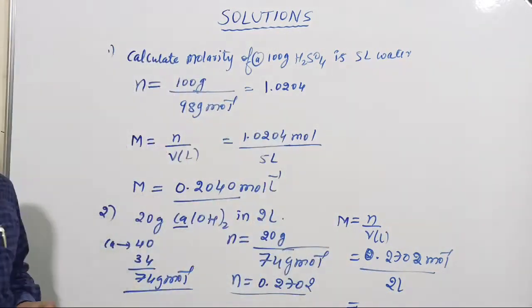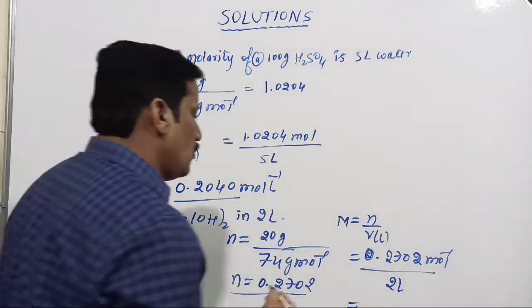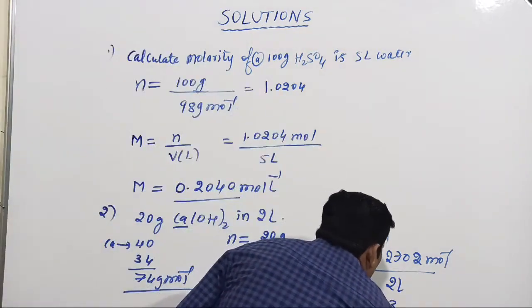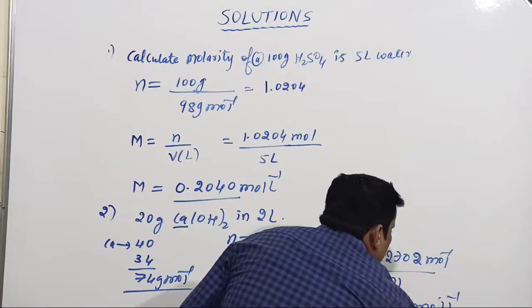For you it is easy, but to reduce time I am using the calculator. 0.2702 divided by 2, we get 0.1351 mole per liter.